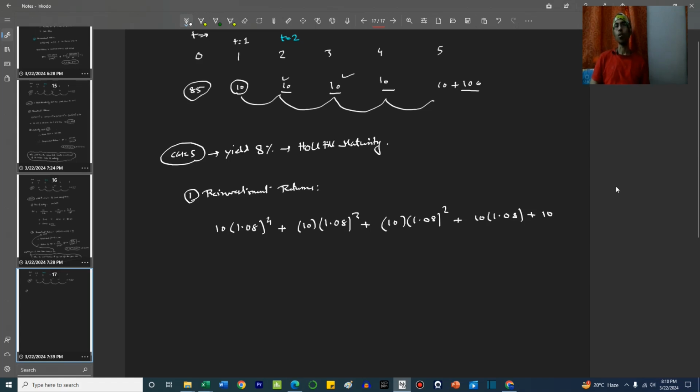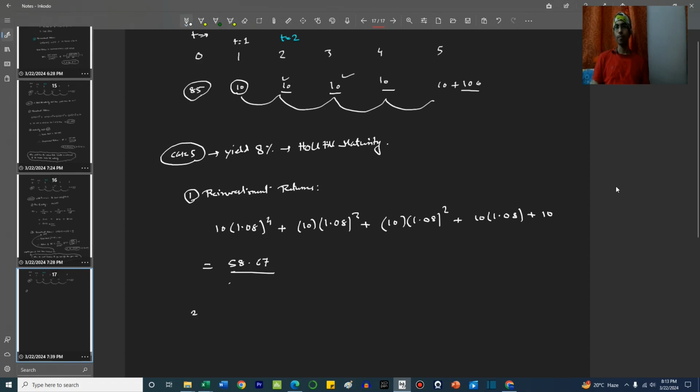Only the coupons we are considering here. This amounts to 58.67 approximately, right? So this is the approximate value that comes from this expression.